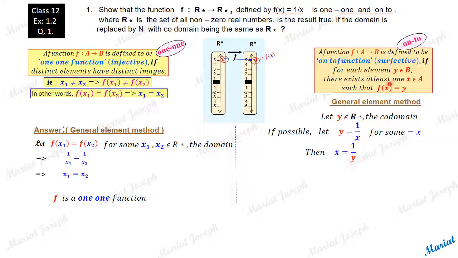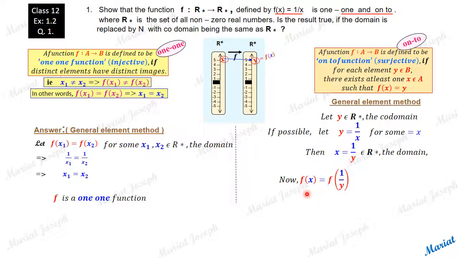This is not enough. One thing more we need to conclude to satisfy the complete definition. We have got an x that is belonging to the domain. Now, will that x have the image this y itself? Or is it satisfying f of x equal to y? Let us check. Calculate f of x.